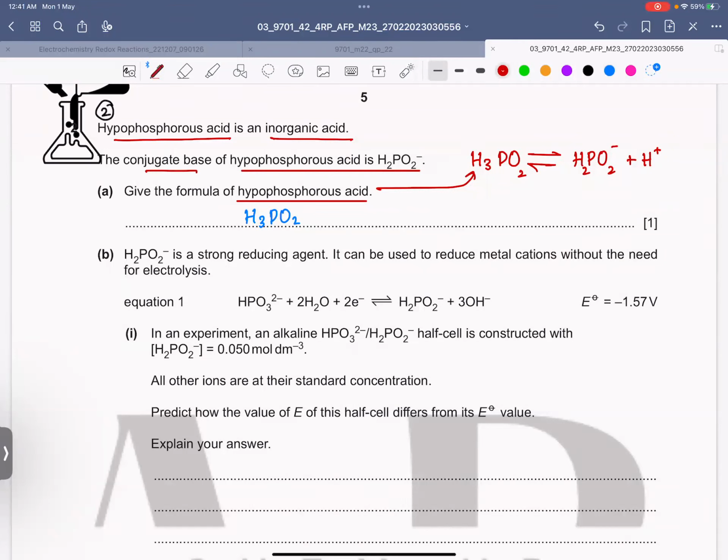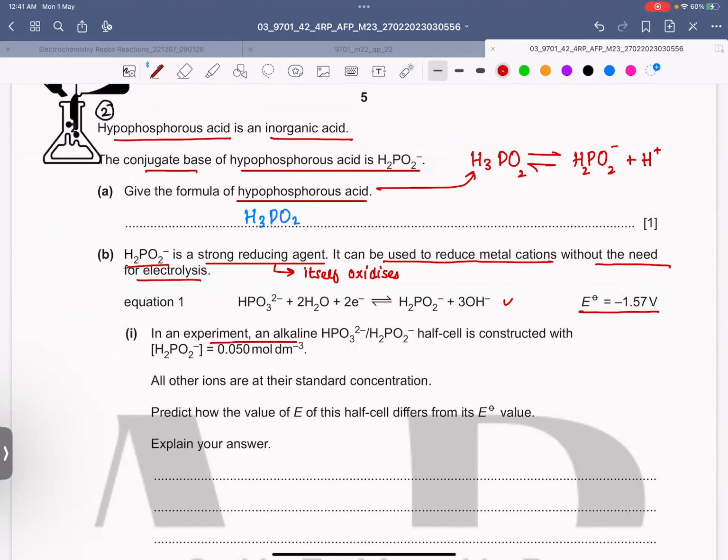Okay, B part. This is the conjugate base, and it's a strong reducing agent, which means what would it do to itself? It would oxidize. It can be used to reduce metal cations without the need for electrolysis. So here we have equation 1, and they have provided us with the E naught values as well.